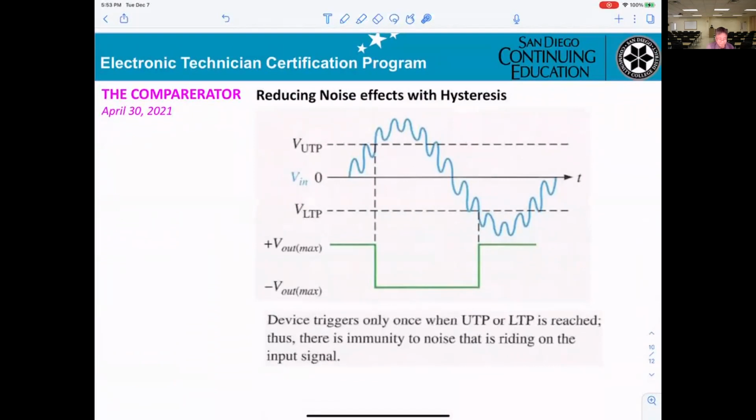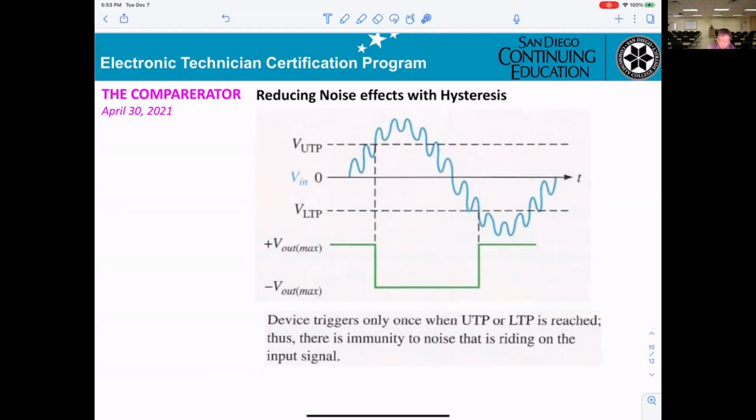They try to avoid noise as much as possible. I can show you your input here. Basically, in the input you get noise, and the noise can mess up the output trigger.